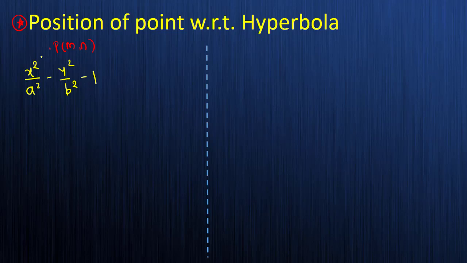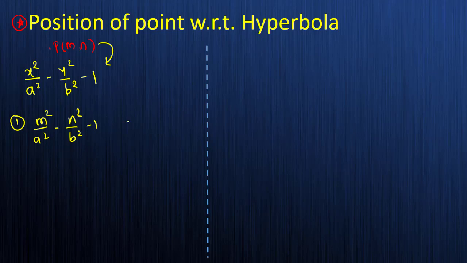Suppose, after substituting the value of P(m, n) in this equation, I get m square by a square minus n square by b square minus 1.